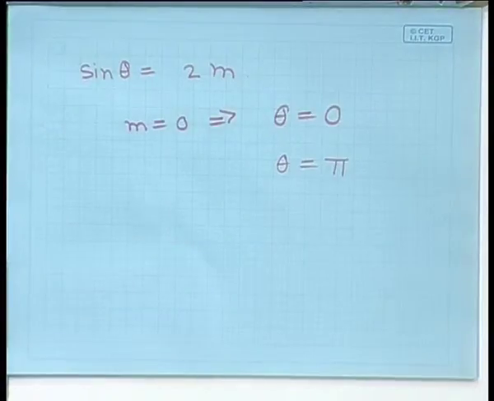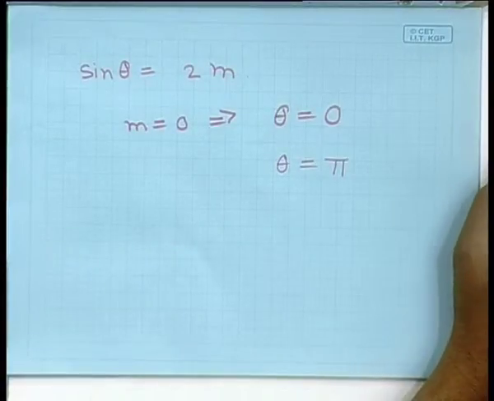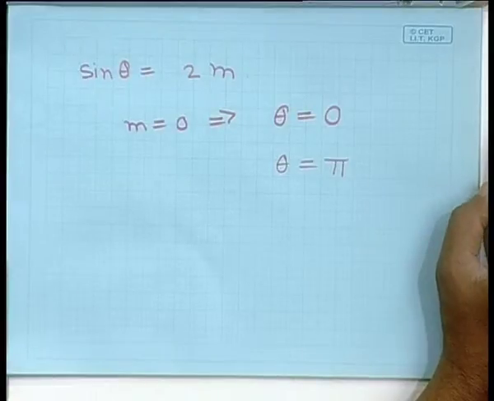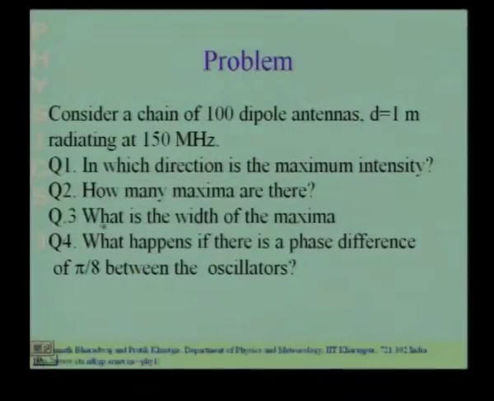Now, let us take up the next part of the question. We have already addressed the first two parts of the question, that is, in which direction is the maximum intensity, and how many maxima are there; there is only one. Then we have the width of the maxima.